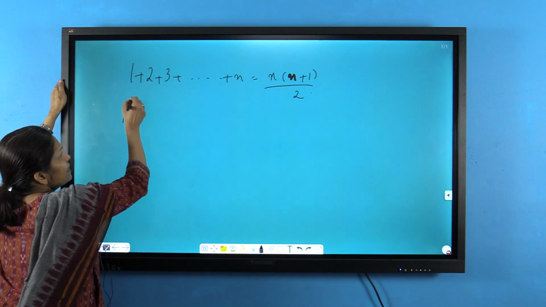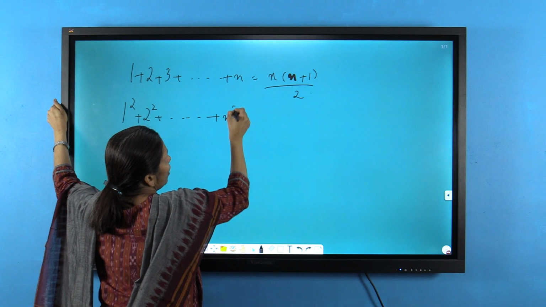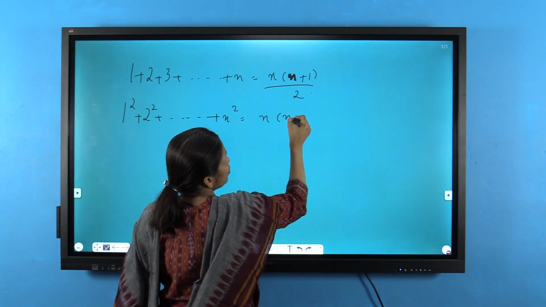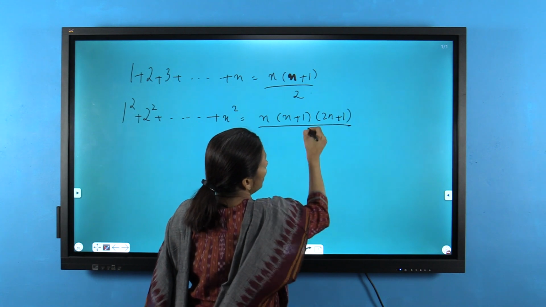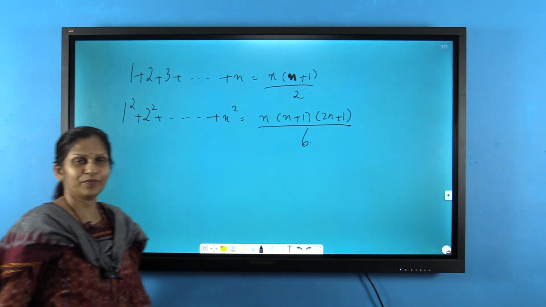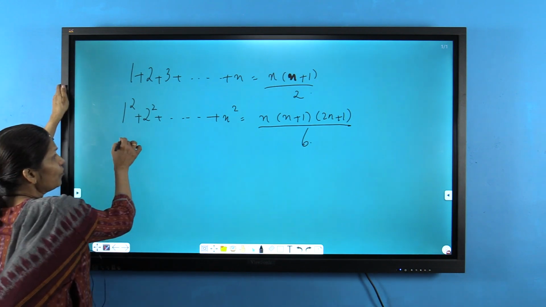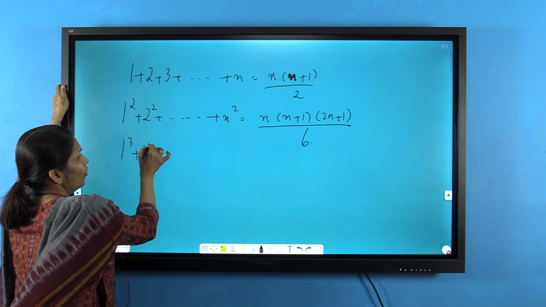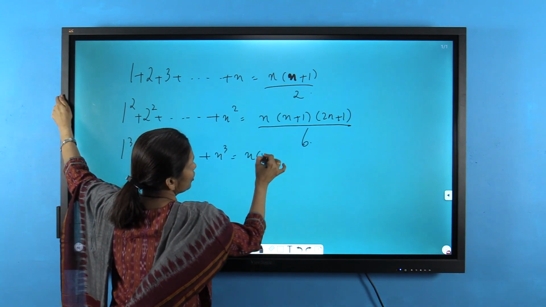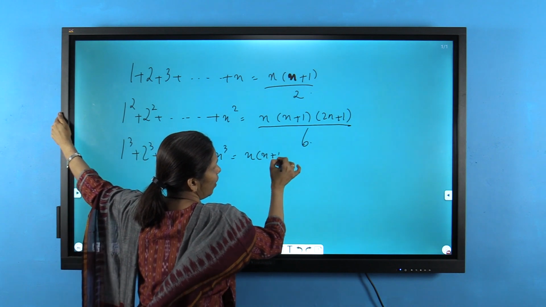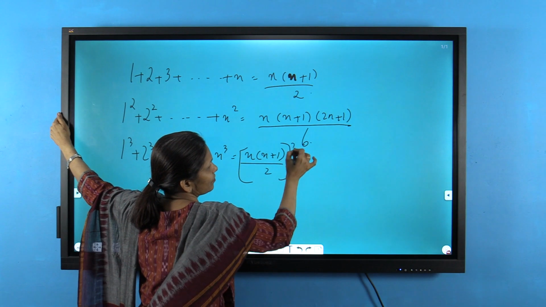Now, next is the sum of the squares of the first n natural numbers: n into n plus 1 into 2n plus 1 divided by 6. Now, the sum of the cubes of the first n natural numbers is n into n plus 1 divided by 2, that is the square of this.